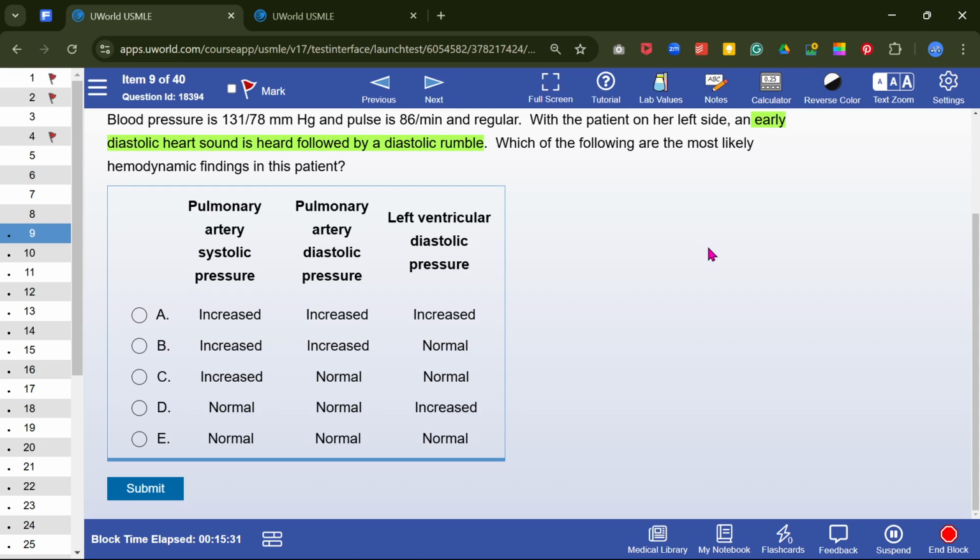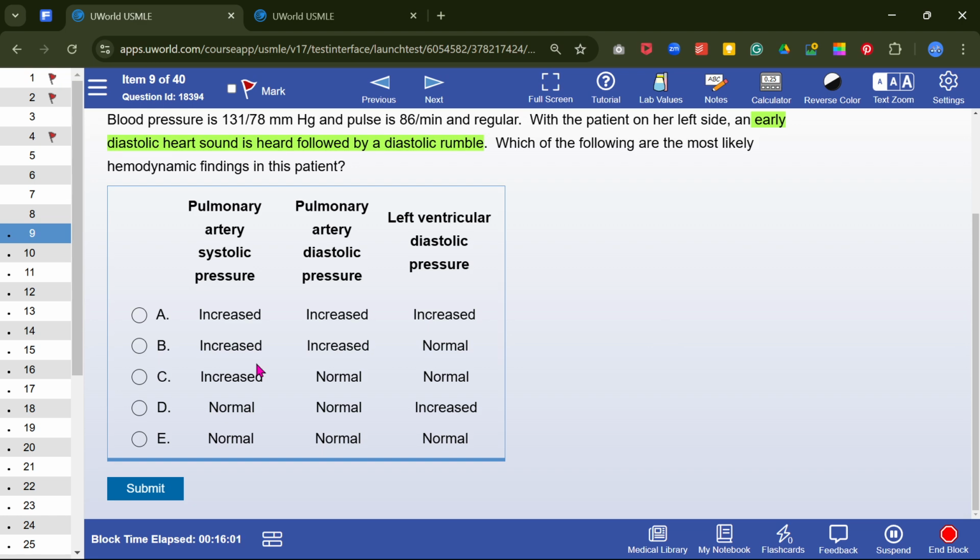It may be mitral stenosis. When she is lying on the left side, that means in left lateral position, the murmur may be in the mitral area. It is mitral stenosis, maybe.